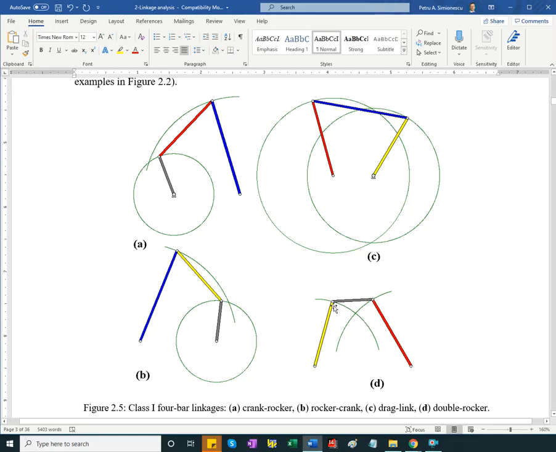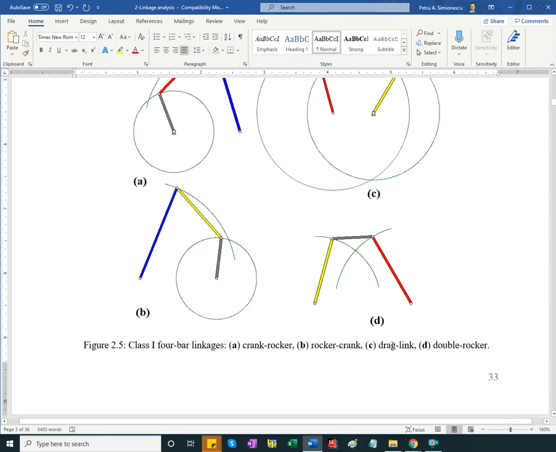And then if we have the shortest link chosen as a coupler, then the mechanism can function as double rocker. So I can move this to limit position.